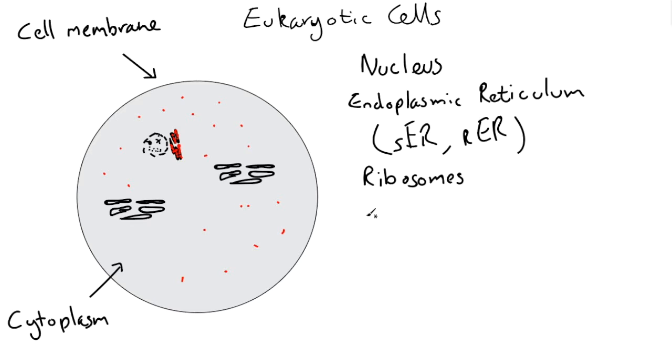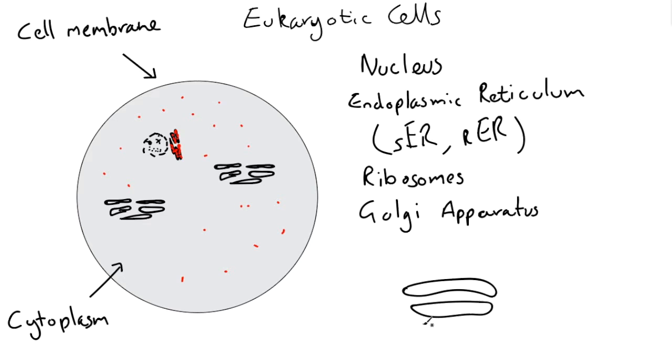The next thing we're going to talk about is what's called the Golgi body, or the Golgi apparatus. Depending on what text you're reading, they have a similar construct to the smooth ER in that they're membranes that have fluid in them.